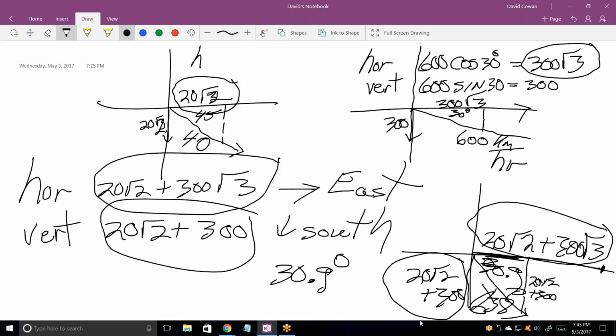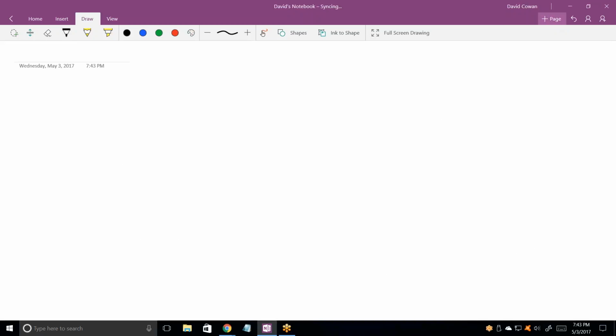Yeah. But this is a great problem because it really illustrates the essence of vectors and how you handle multiple vectors. In other words, we have a vector for the plane and we have a vector for the wind, and we have to meld them together. But there's all kinds of problems like that. You could have a soccer ball where you got 3 people tugging on it.